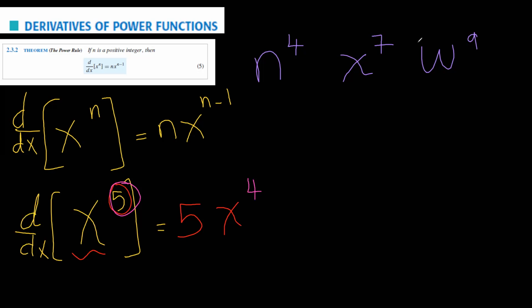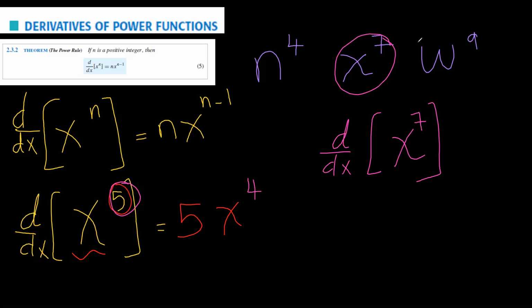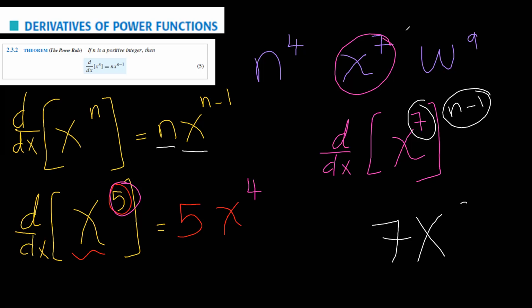Another example. The derivative of x raised to the power 7 is 7x, as I told you here, n x raised to the power n minus 1, which is 7 minus 1, which is 6. Let's do another example.